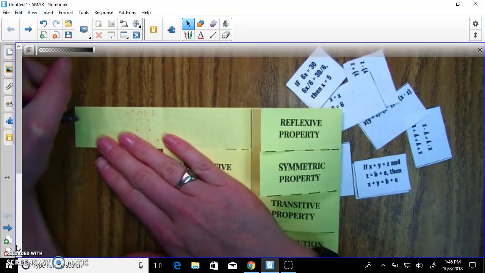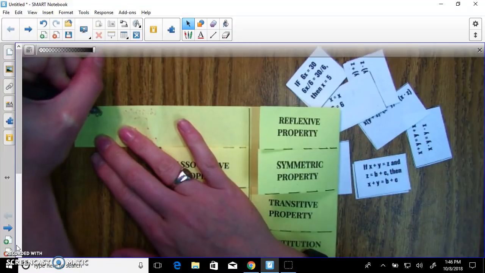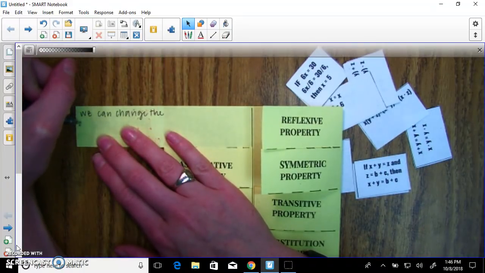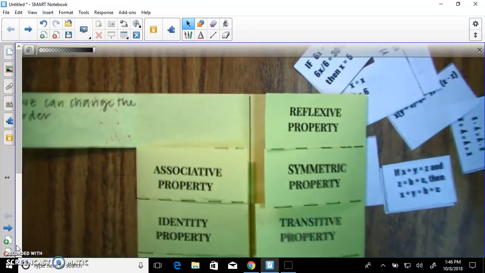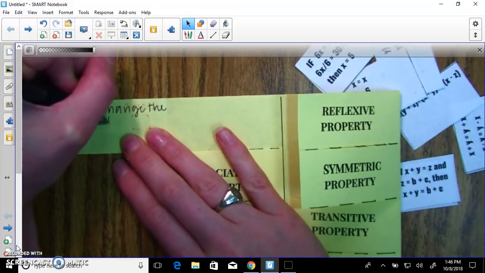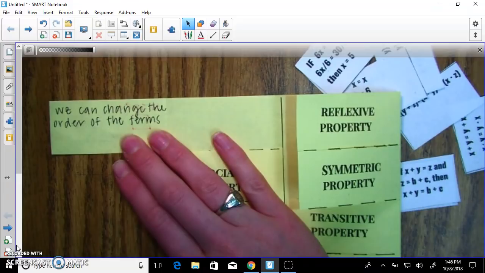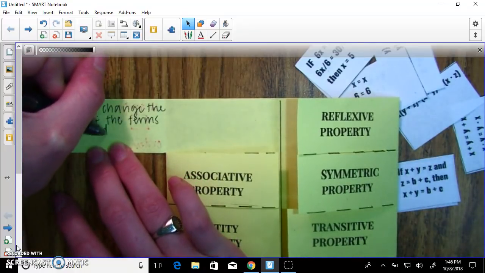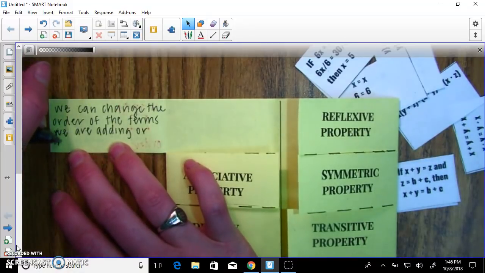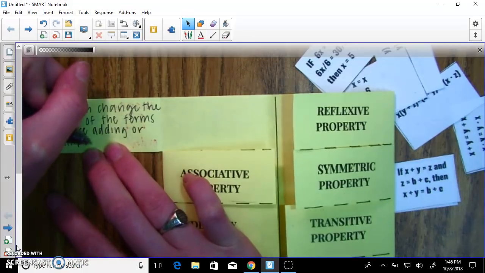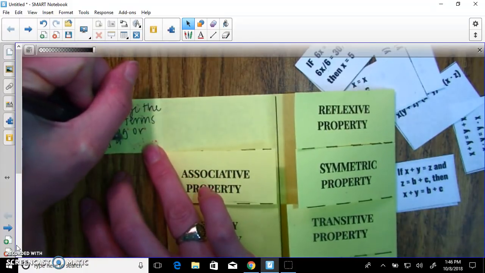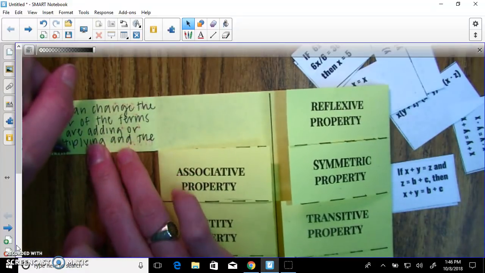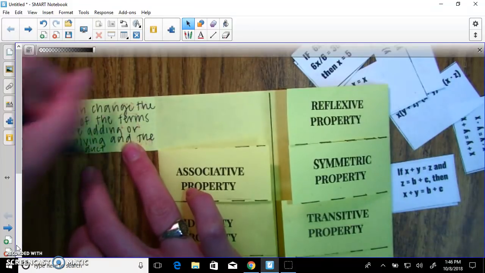And we'll say that the commutative property says we can change the order of the terms we are adding or multiplying, and the sum, or if we're multiplying the product, stays the same.